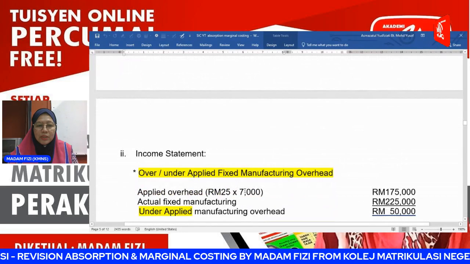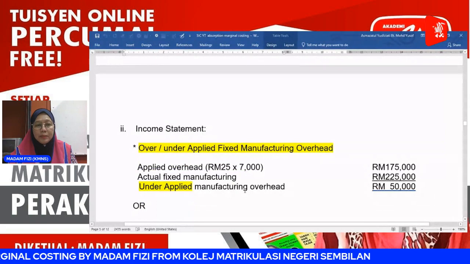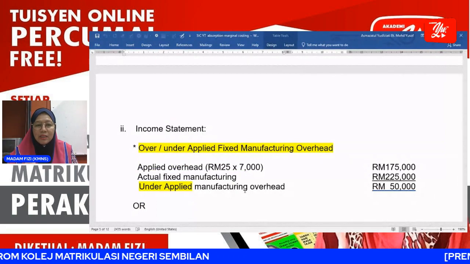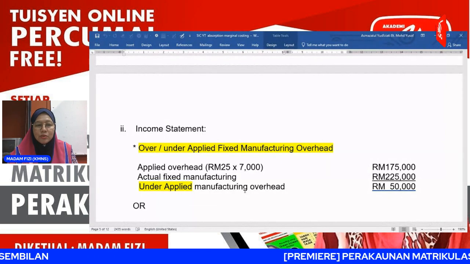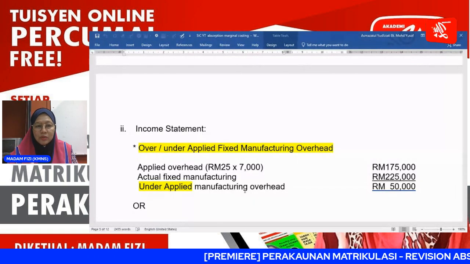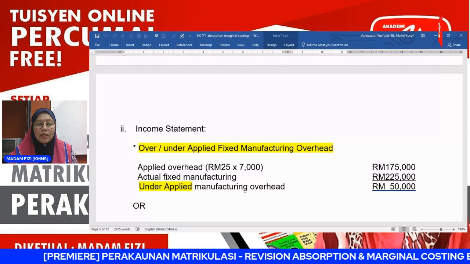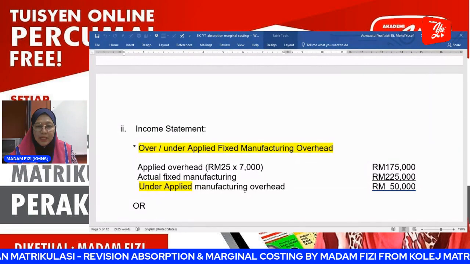Now we answer the second Roman, that is to prepare the income statement. Just now it mentioned that this company uses normal costing. So before you prepare the income statement, you have to calculate whether it is over applied or under applied.